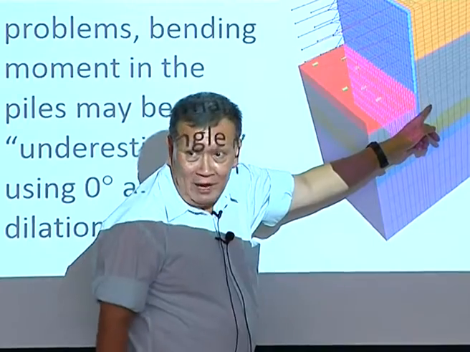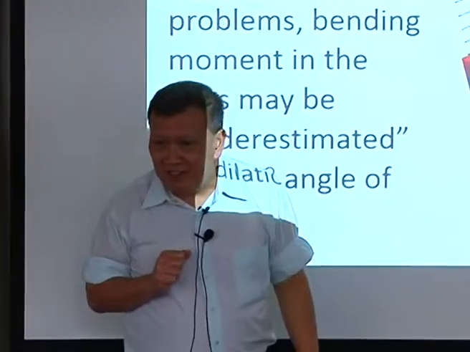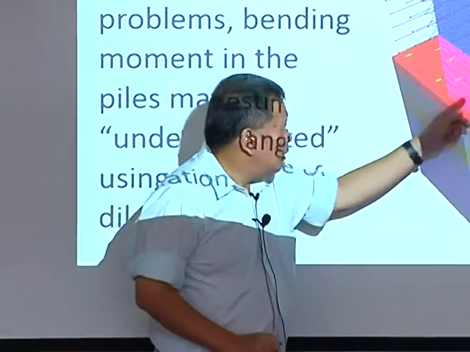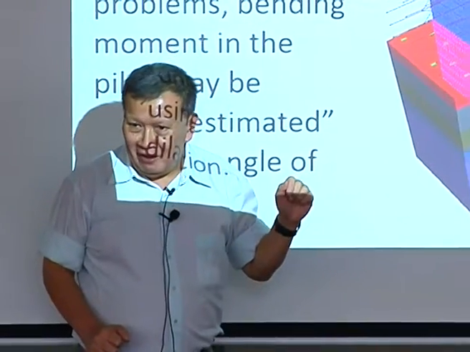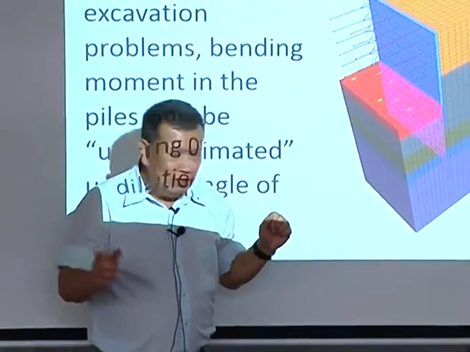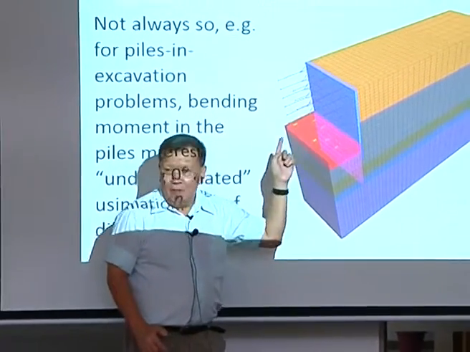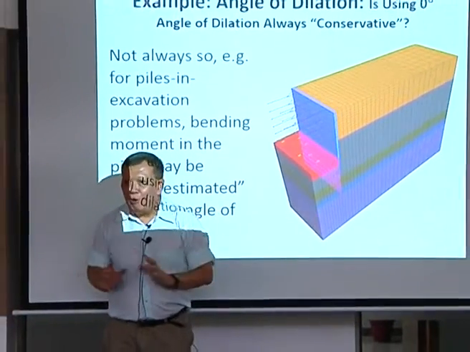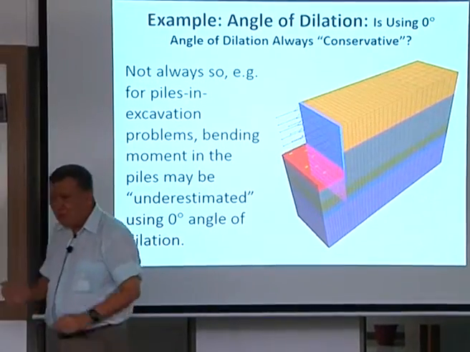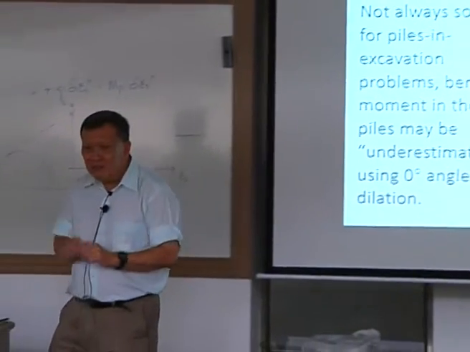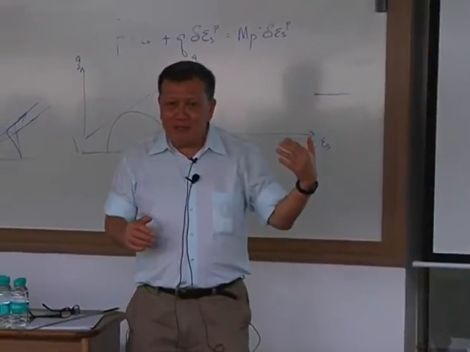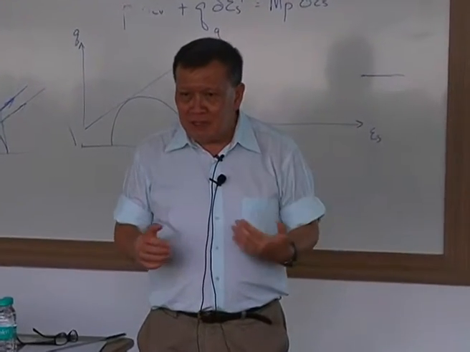The wall will move less. Your retaining wall will move less, but the pile will be subjected to more bending moment. If your dilation angle is 0, then the wall will move more, but your pile will suffer less load because more load is thrown onto the wall. So it's a load sharing problem. It's not a simple factor of safety, high, low, conservative, unconservative problem.